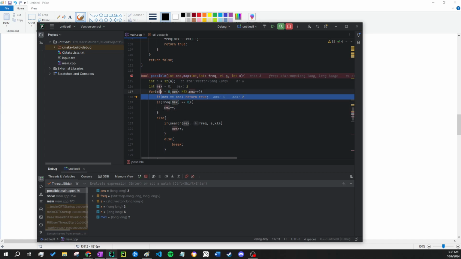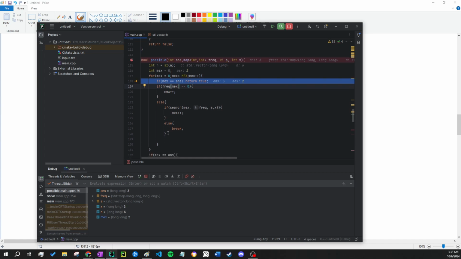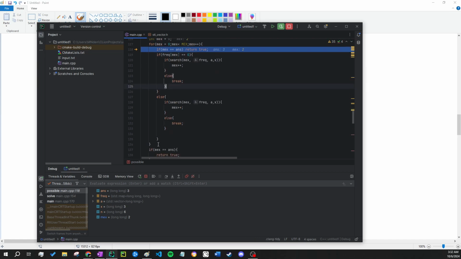Because the max is already here, we don't need to. So if max equals 0, like there's no value for it, we basically do this. Dude, I am super tired. I'm going to solve this.